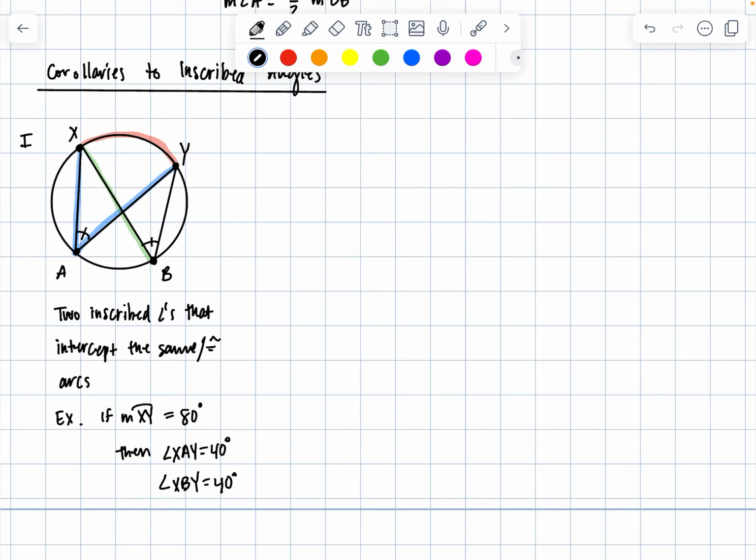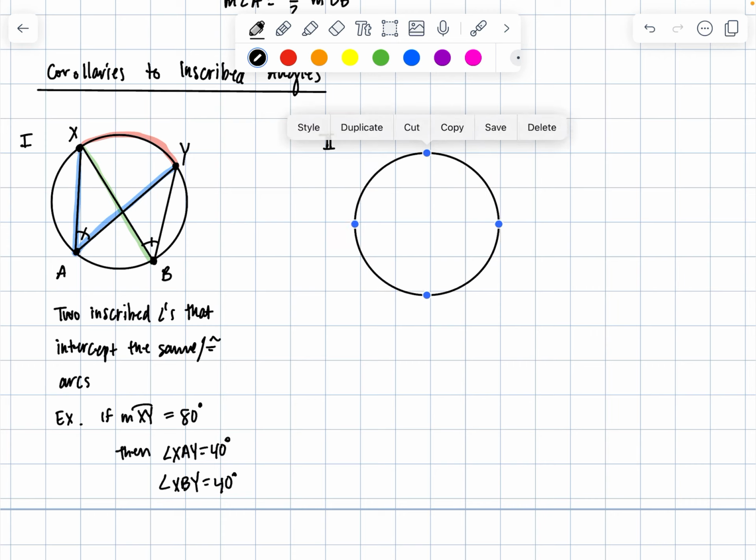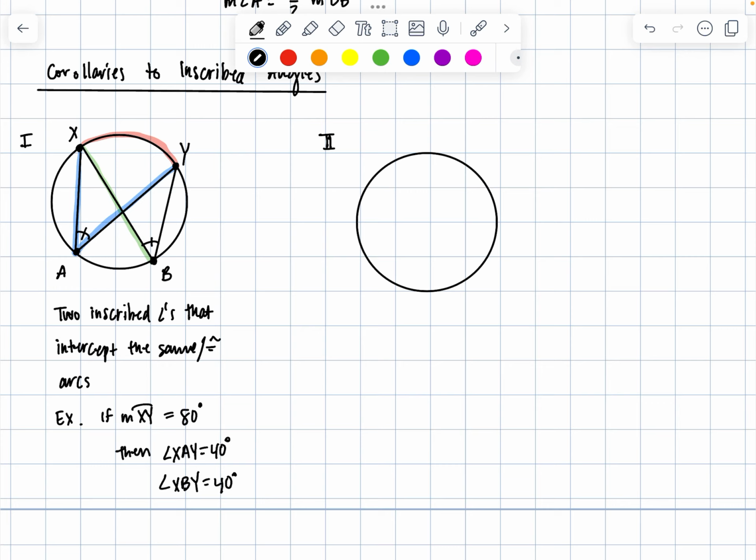Okay? Case two, and this is the more interesting one. You're going to probably see this more often than you think. In this particular case, we're going to draw a diameter.